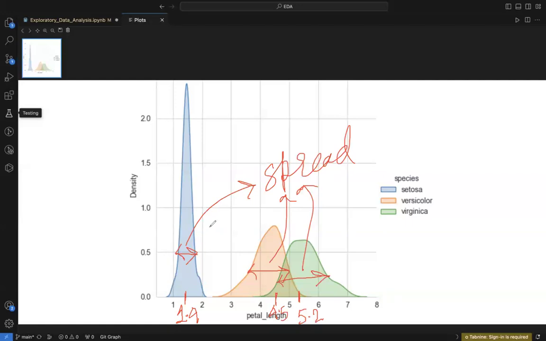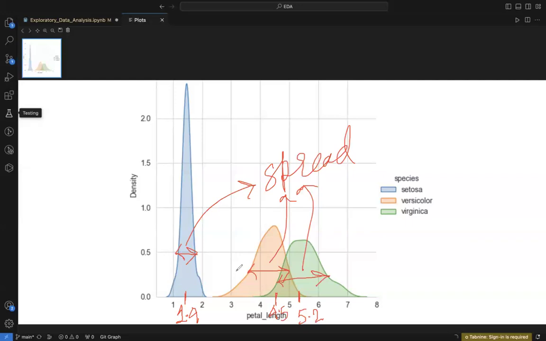If I know that the spread is small, that's very useful because I know that most of my points are around 1.4. If the spread is wide, for example, here this spread is large, and here the spread is very small.